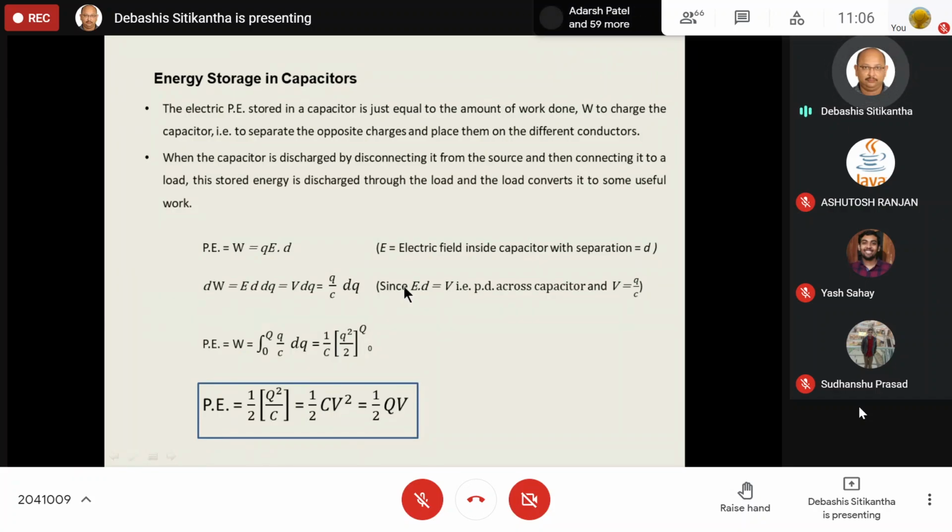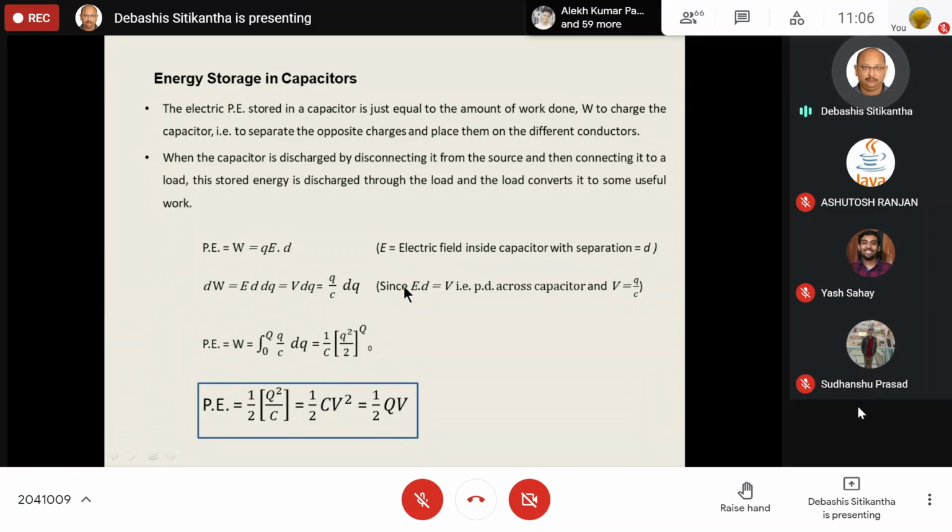So if the capacitor stores the energy, where does it store it? It stores it in between the two conductors in the form of something known as electric field energy. We'll study this electric field energy after some time.